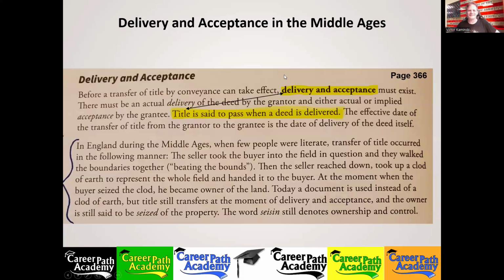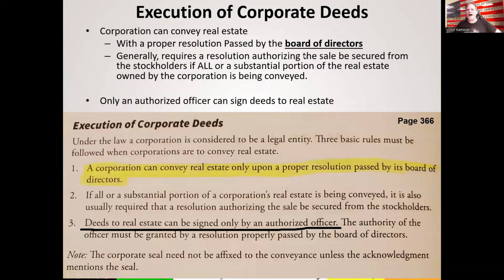All right. So how do we transfer ownership with a corporation? Well, who makes all the decisions in a corporation? The major decisions in a corporation are made by the board of directors.